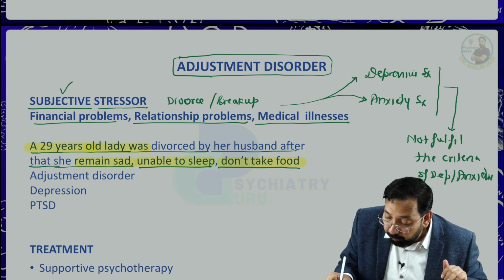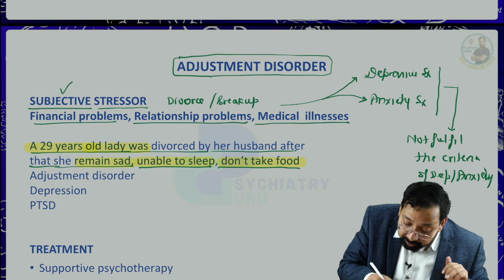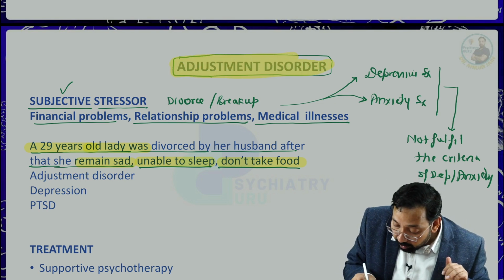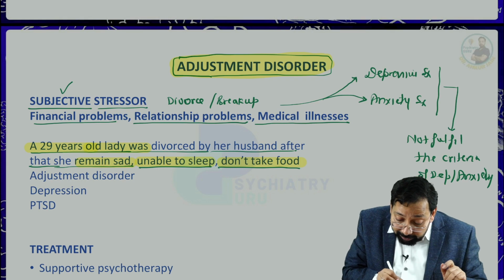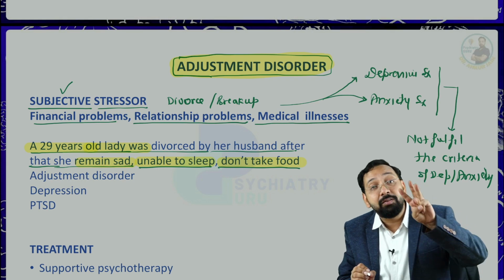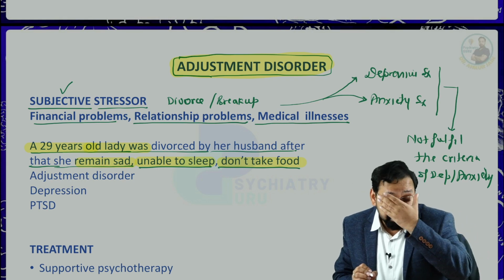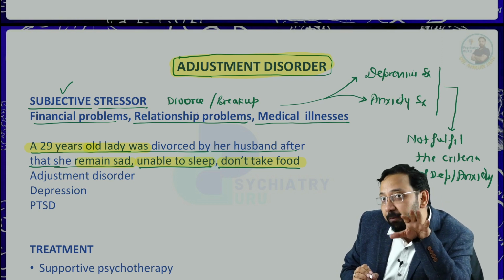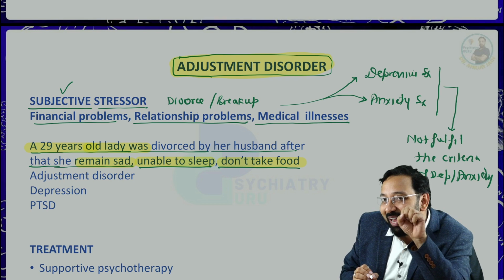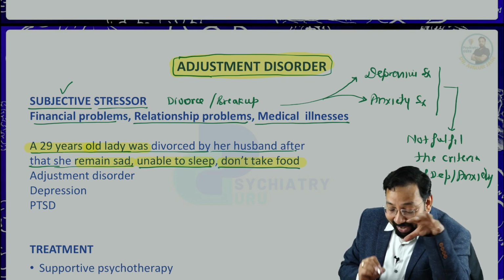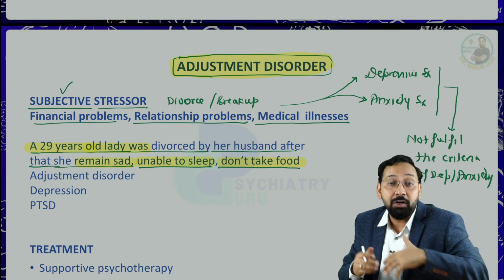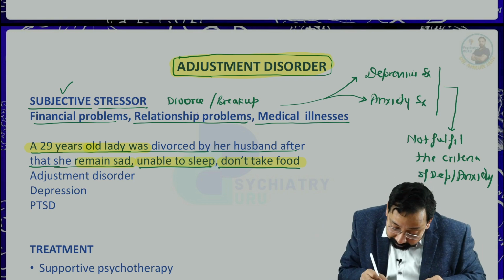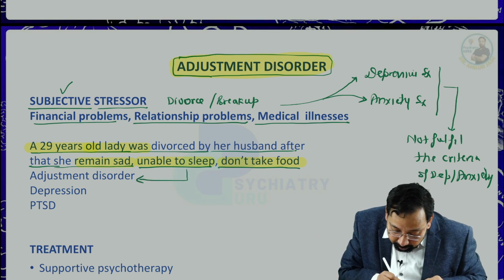If they don't fulfill the criteria, then the diagnosis is adjustment disorder. Okay, so this lady is having 3 symptoms of depression, but you know that if you want to make the diagnosis of depression, there should be at least how many symptoms? 5 symptoms should be there. But she is having only 3 symptoms, diagnostic criteria of depression not fulfilled, so the diagnosis is adjustment disorder.